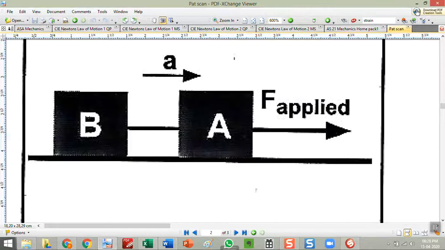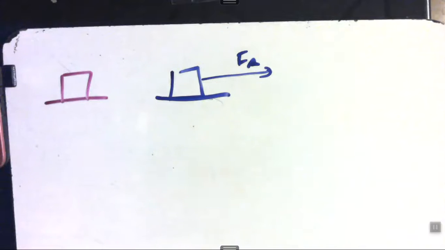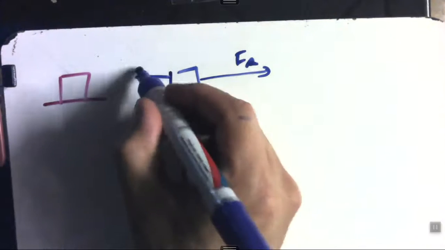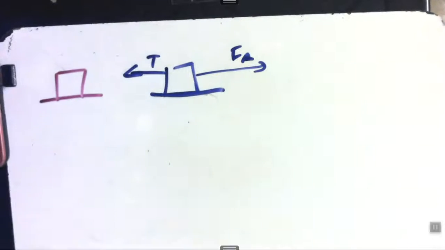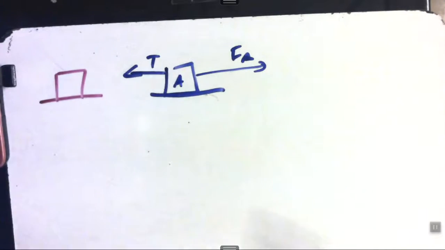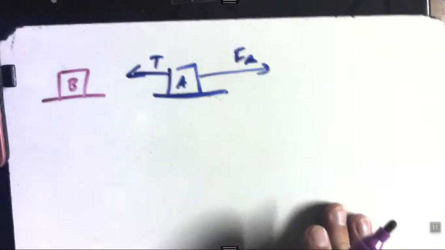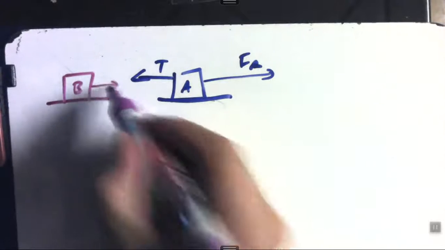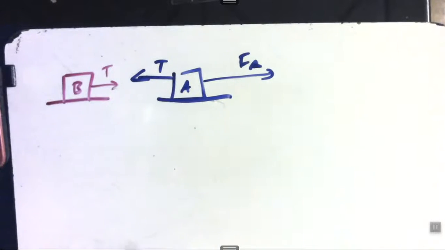If we look at block A, the applied force is technically only being applied to block A. So block A is also experiencing a force holding him back, and that is the tension. Okay, so that's block A, and this is block B. And block B now is pulled forward by a force called tension.